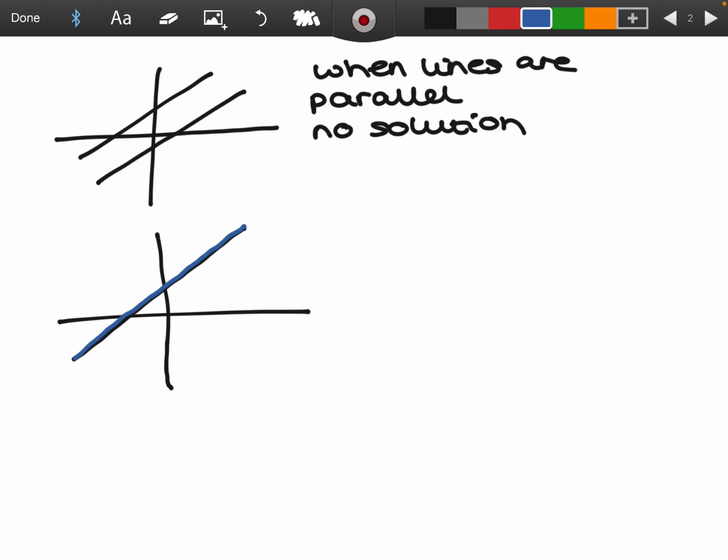Coming back to what I said before with those parallel lines, we said that the parallel lines happen when the left-hand sides are scalar multiples of one another, but the right-hand sides are not. In this case, where you get the same line, it must mean that both the left-hand side and the right-hand sides of both equations are scalar multiples of one another, and we'll look at an example of that in a second. But this would mean that they intersect at every point.